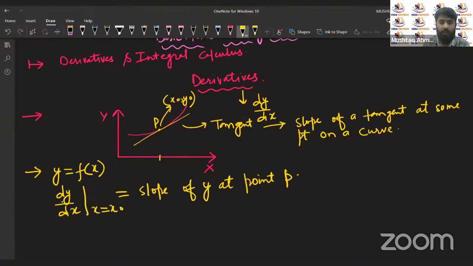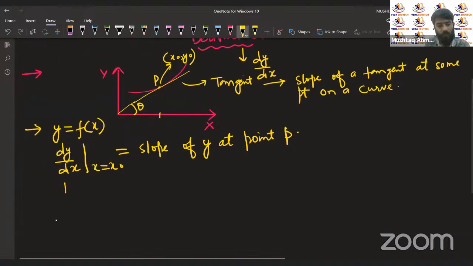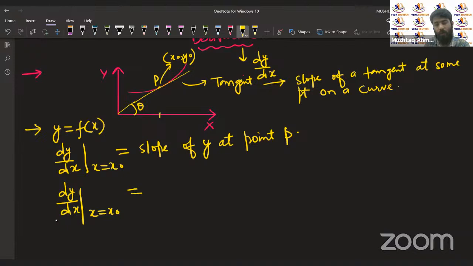Suppose that this tangent makes an angle theta here. So dy by dx at this point P, that is at x equal to x naught, will also be equal to tan of theta, the angle which this tangent at point P makes with the positive x-axis.